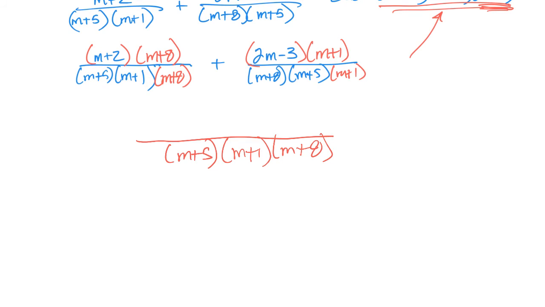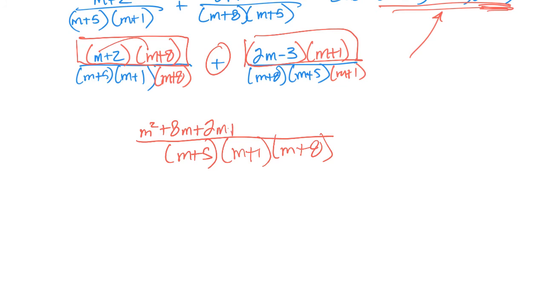And then on the top, I'm going to FOIL that, and then add them together. So m squared plus 8m plus 2m plus 16, that's what I get from the first one, plus 2m squared plus 2m minus 3m minus 3.